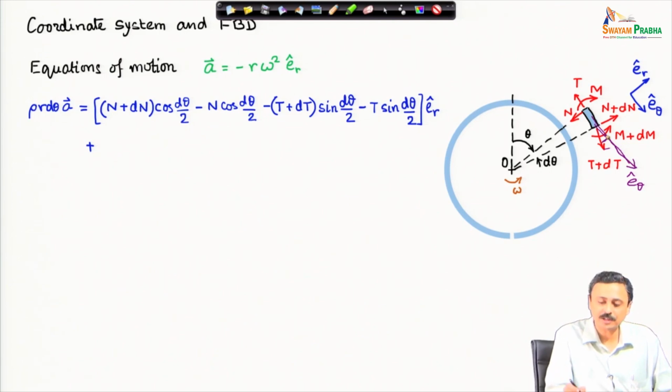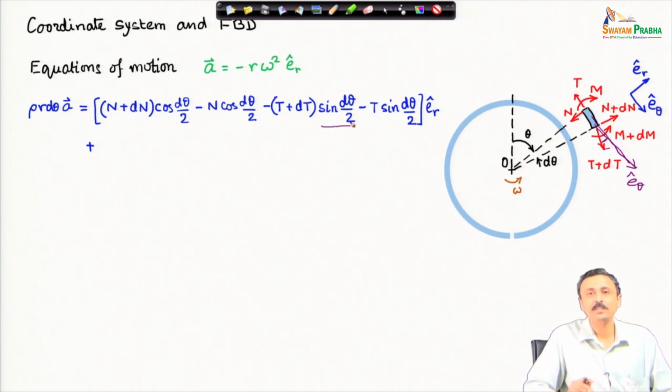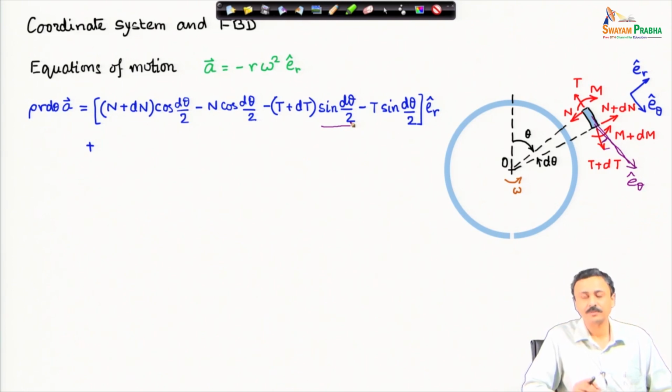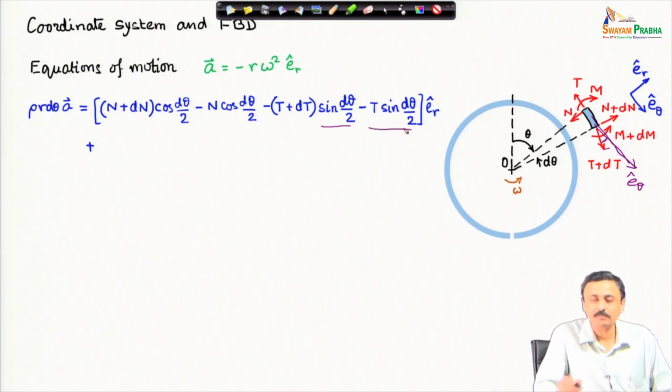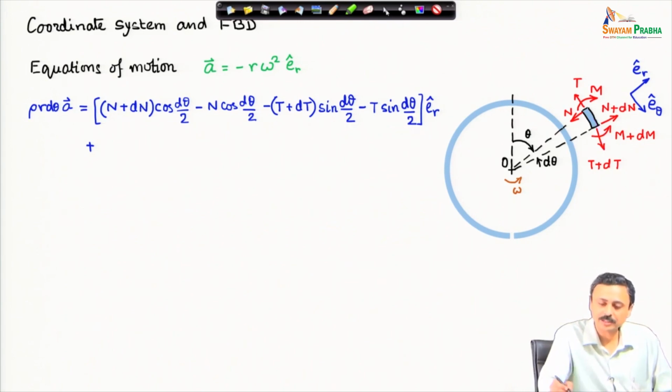Therefore, in the e_r cap direction we have (T plus dT) sine d theta by 2 in the negative direction. The same thing happens for T on the face at angle theta. All these are components of the force in the e_r cap direction.